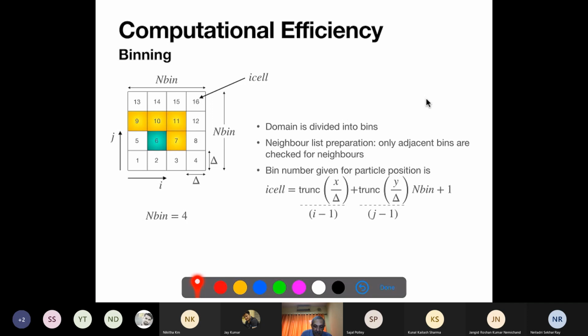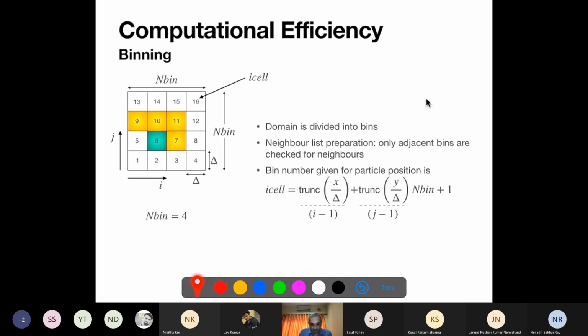Then you say what is I cell? This is trunk. Trunk means look at only the integer part of x divided by delta, look at only the integer part of y divided by delta and multiply by n bin, where n bin is the number of bins in one direction, plus 1. So that will give you the thing.